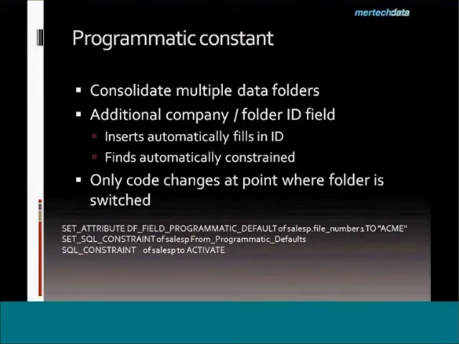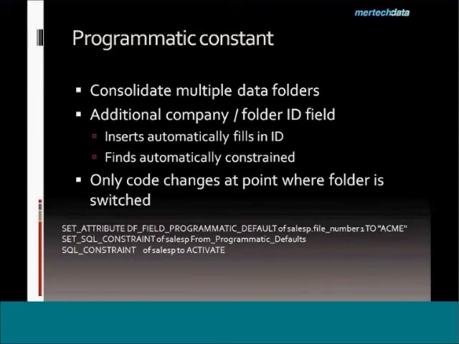In this, you will still do that, but in this case, you would tell the driver that, for the salesperson file in this example, you would do this for the order file and any other files that you used to have multiple copies of, you will say that the programmatic default of the first field, which I made my company ID field, will be Acme. And I'll also set my constraint on this table to come from the programmatic default, and I enable it.